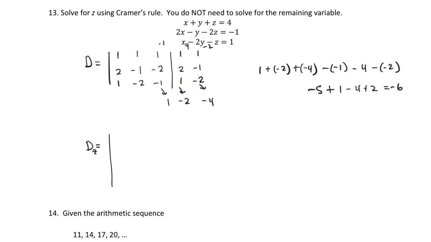Determinant z, or d sub z, remember we take these values now, the 3 constants after the equal sign, it's going to replace the z column. So the z column is going to be replaced with 4, -1, and 1. And I'm just going to use the same method to extend the column.